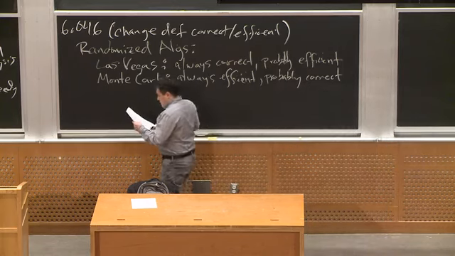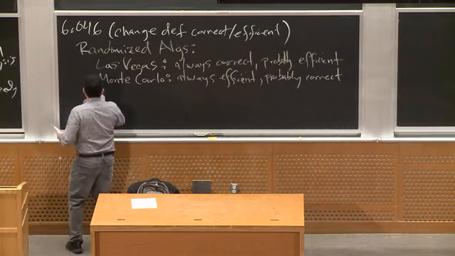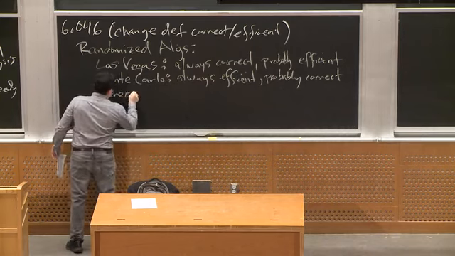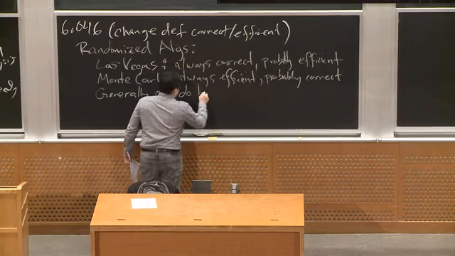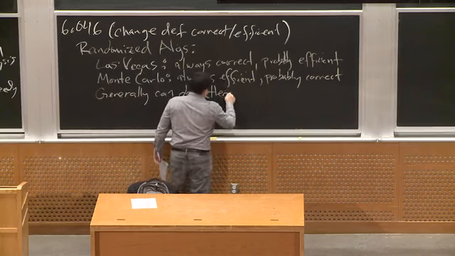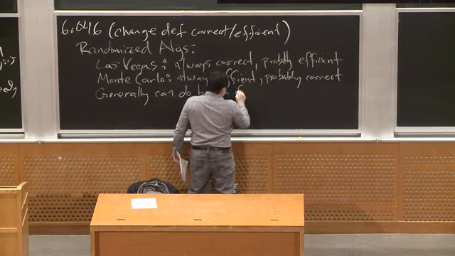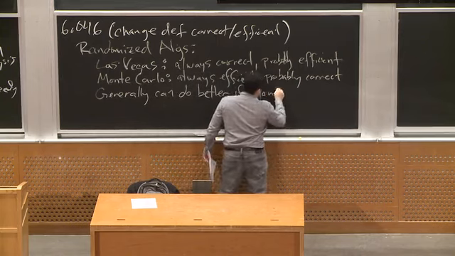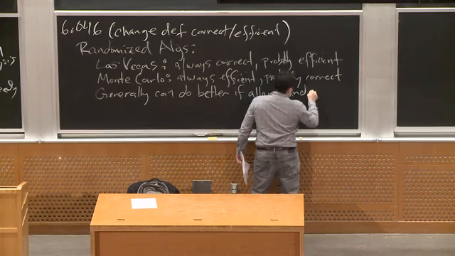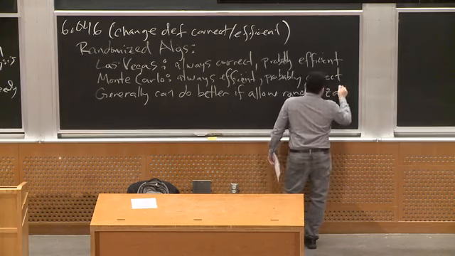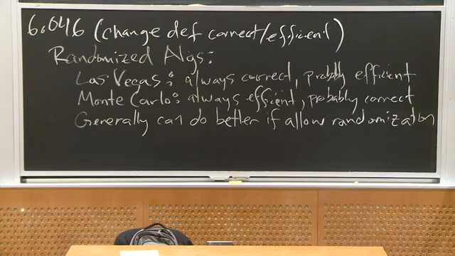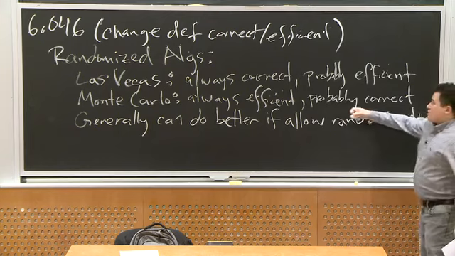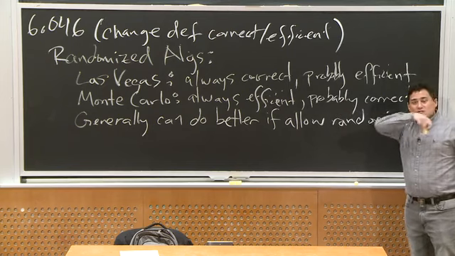Okay, but generally we can do better if you allow randomization. And by better, I mean, usually we can get faster bounds on a lot of problems if we allow randomization and things aren't necessarily always correct or always efficient.